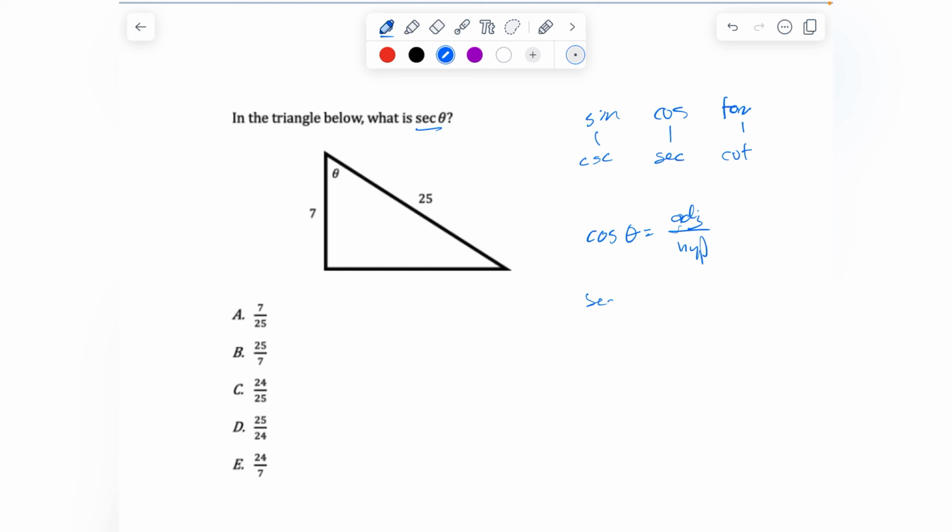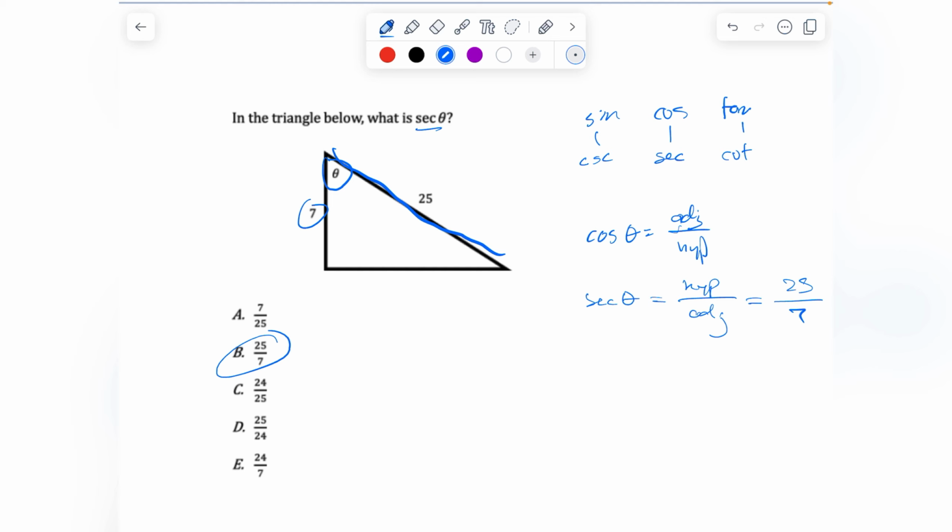So secant of theta is going to be just hypotenuse over adjacent. And relative to this theta, I know the hypotenuse is 25 and my adjacent is 7. 25 over 7. All right, pretty simple. You didn't have to do any math there. Just got to know which one is which.